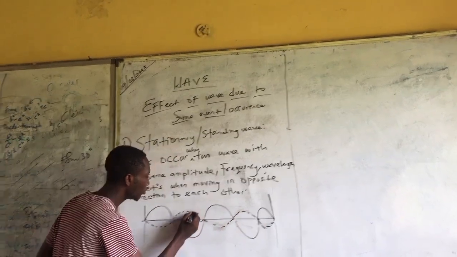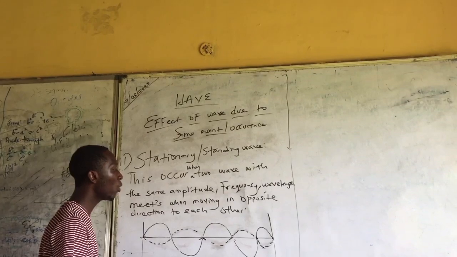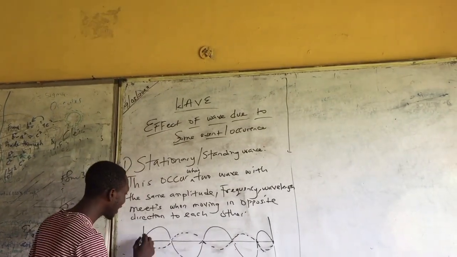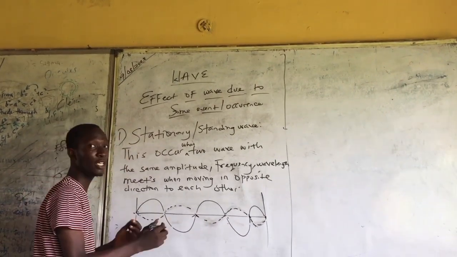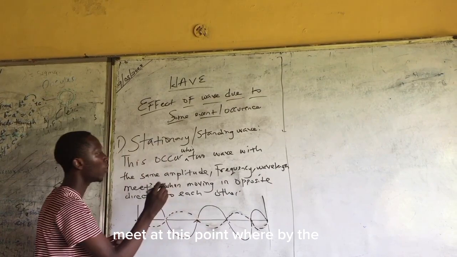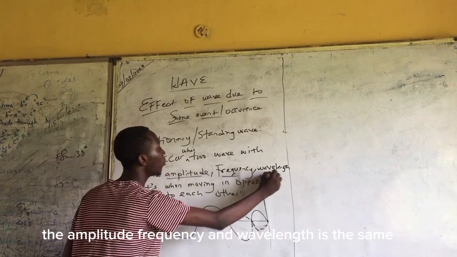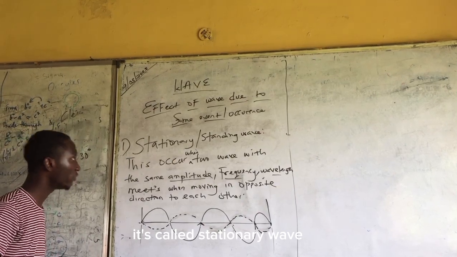Look at it, to move back. This will continue happening till it comes to rest. And this kind of forward and backward movement of the wave, whereby they meet at this point, whereby the amplitude, frequency, and wavelength are the same, is called a stationary wave.